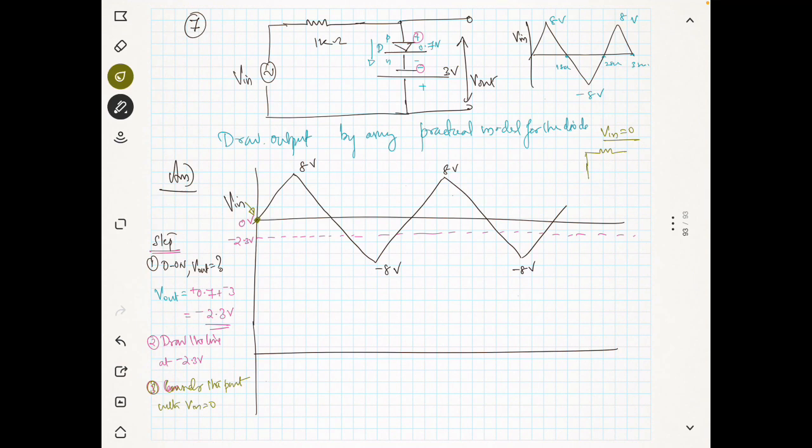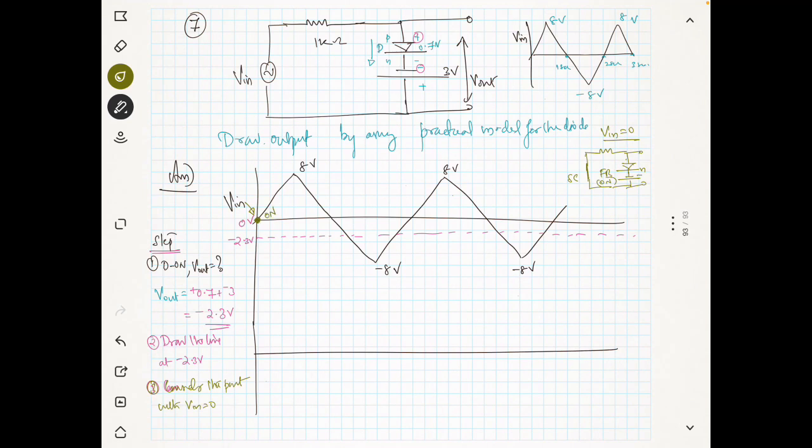I can redraw it, because when V in is equal to 0, it's a short circuit. You can see here the diode negative is connected to minus. So what is the situation? The n-type semiconductor is connected to the minus. That means the diode is forward biased, or the diode is in on state. So when V in is equal to 0, the diode is in on state.